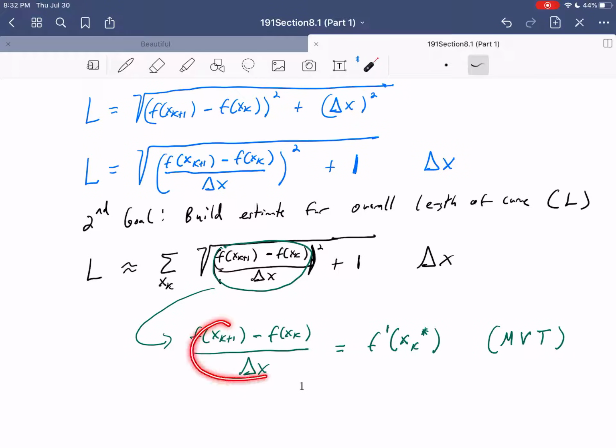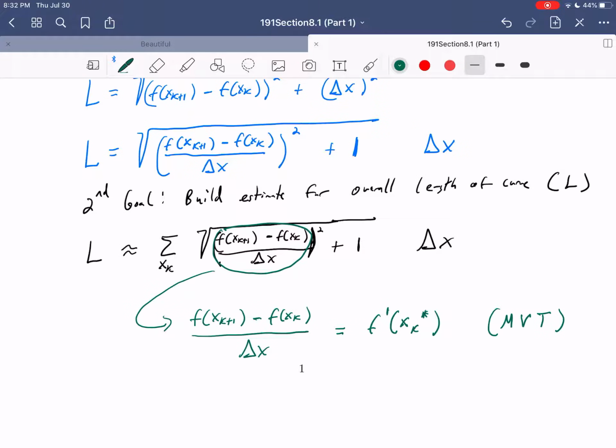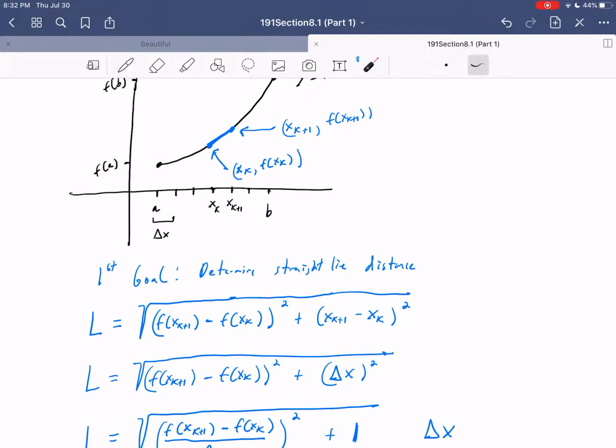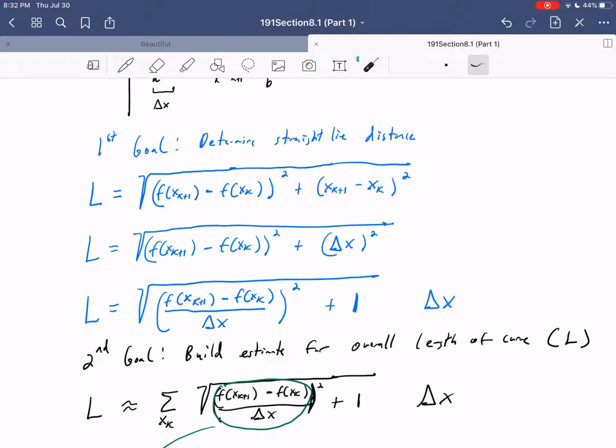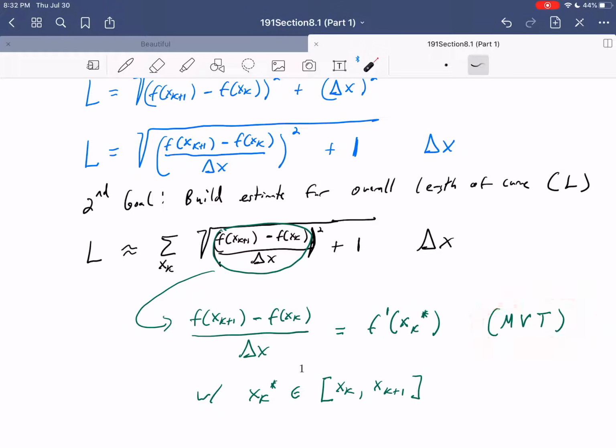It says that there has to be some point, which we're calling x sub k star, where the derivative equals the average rate of change, and this x sub k star is an element of the x sub k to x sub k plus 1 interval. So in other words, there's some value in our interval where if you take the derivative of the function, it exactly matches the average rate of change. That's the mean value theorem.